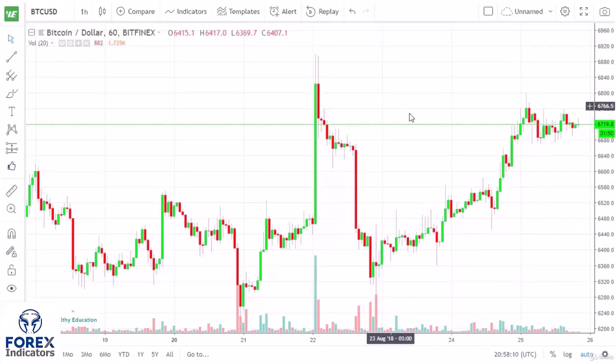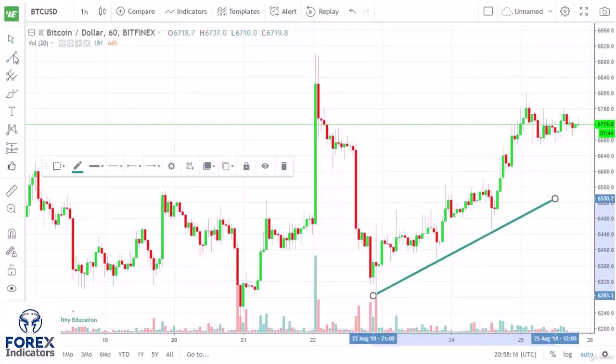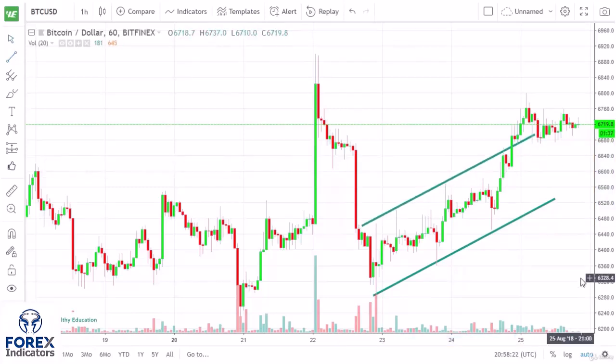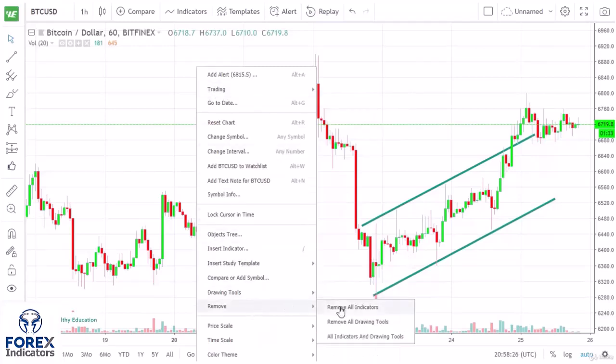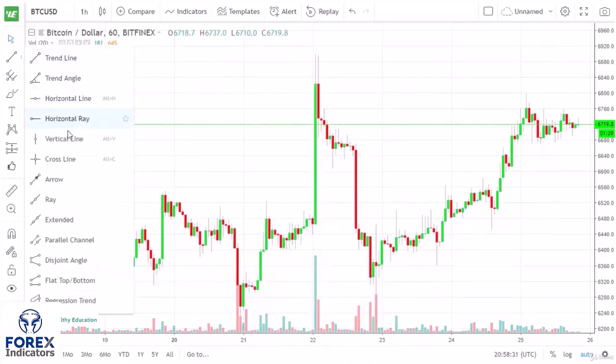You can do it one of two ways. You can do it using just regular trend lines, like that. Or you can use the tool for parallel channels, which will give you a perfect parallel channel, which is really what you're looking for.